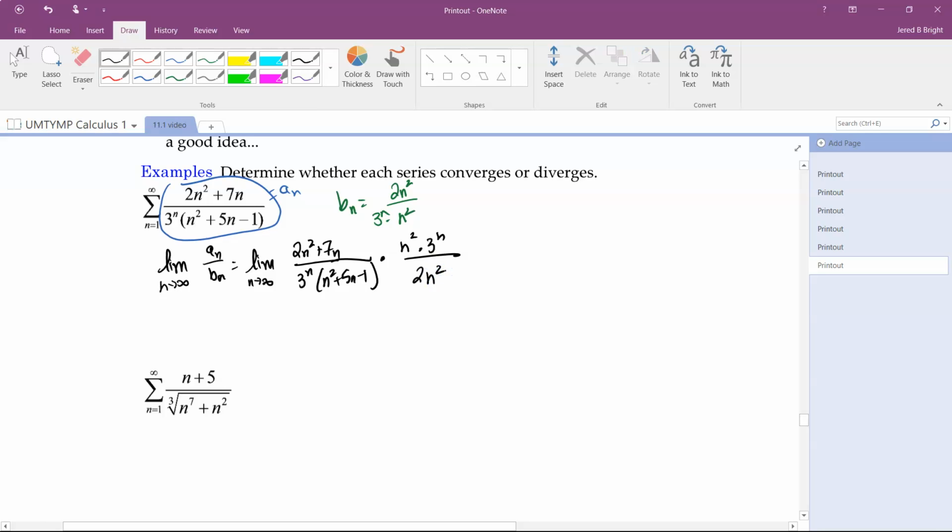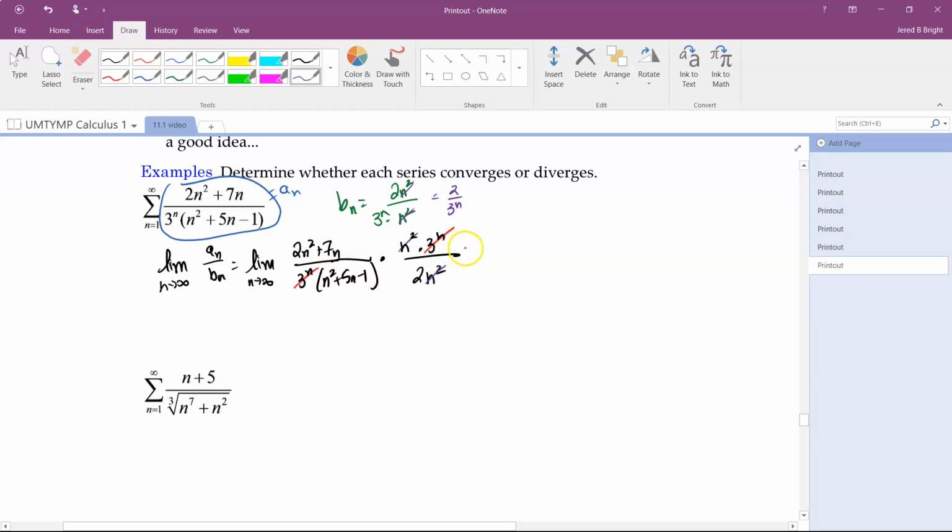So then the 3 to the n's are going to cancel out. I actually forgot to make one simplification here. Obviously, the n squareds could reduce, so this is really the same as 2 over 3 to the n, and that could reduce here as well.